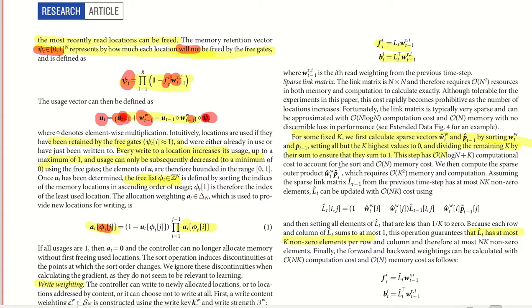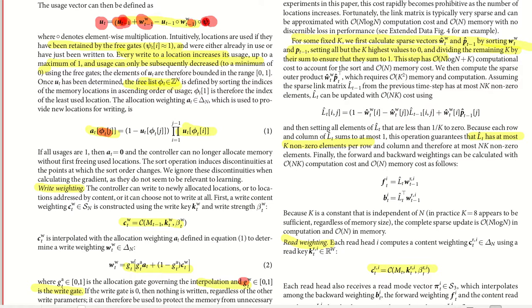So they try to make it more sparse, in that way saving some computation time, and they do that by having a sparse matrix where only the first k elements of each of these vectors p and w are non-zero, and all the others are zero, and they try to make it so that they all sum up to 1, obviously, but there are some tricks that they use there to decrease the computational load.